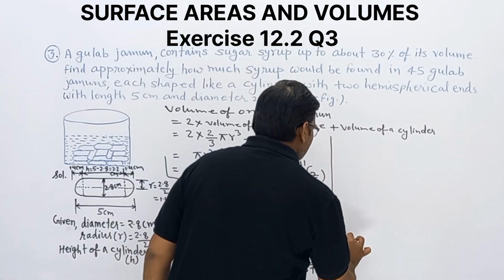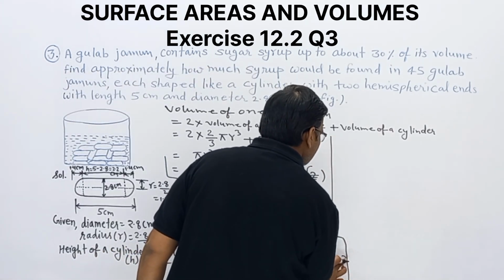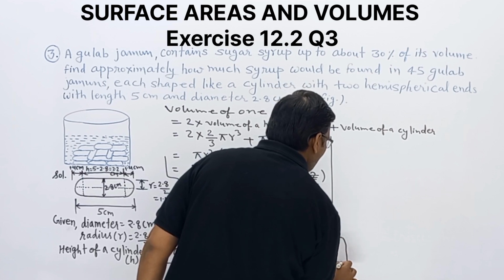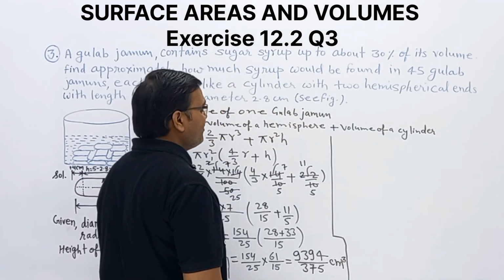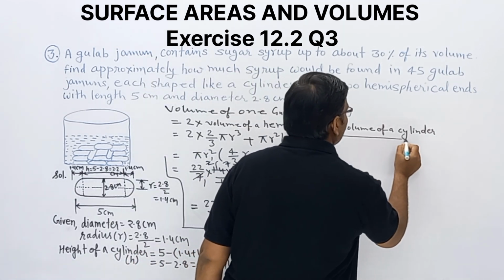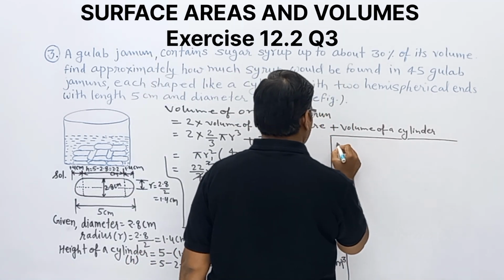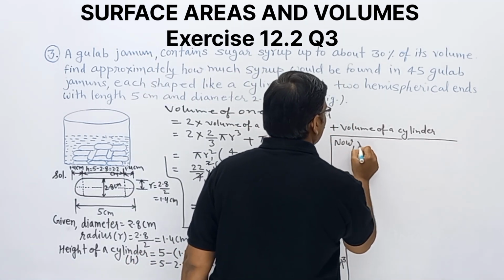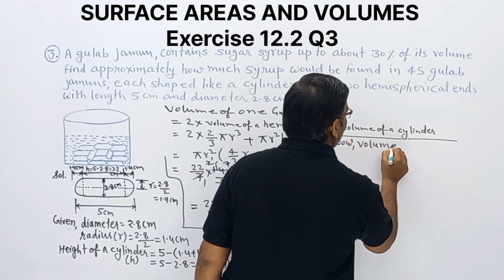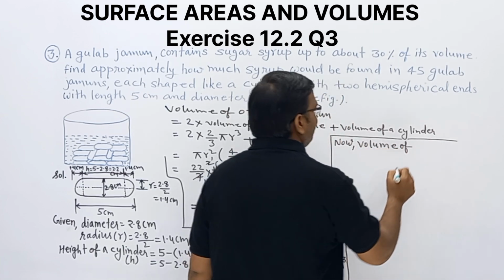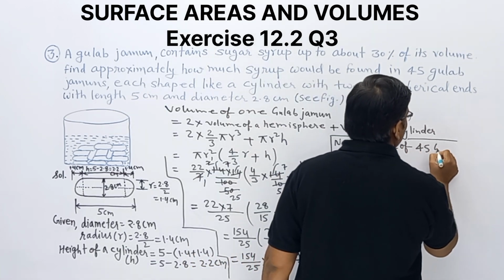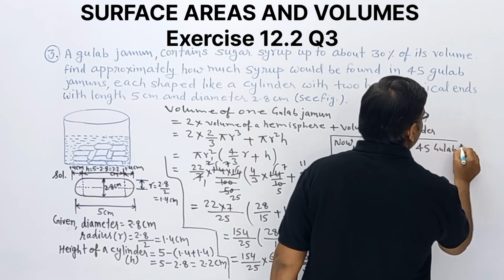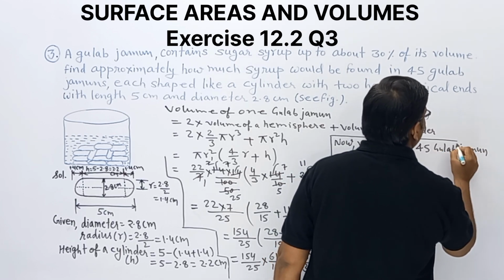Now what about volume of 45 gulab jamun? I am writing this side. Now volume of 45 gulab jamun.